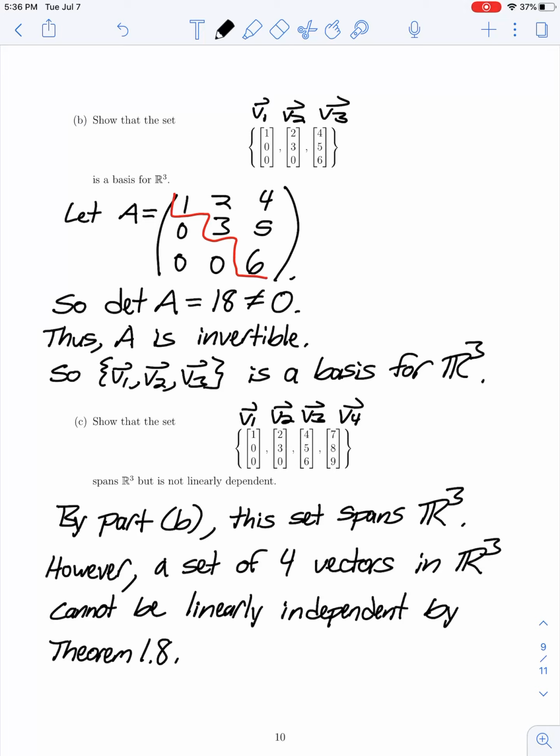So if we take a basis and we add an additional vector, we get something which cannot be linearly independent, and therefore no longer is a basis. So by adding additional vectors to a basis, we lose out on the linearly independent property.